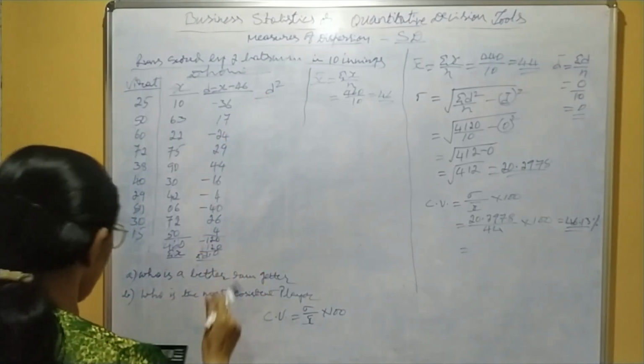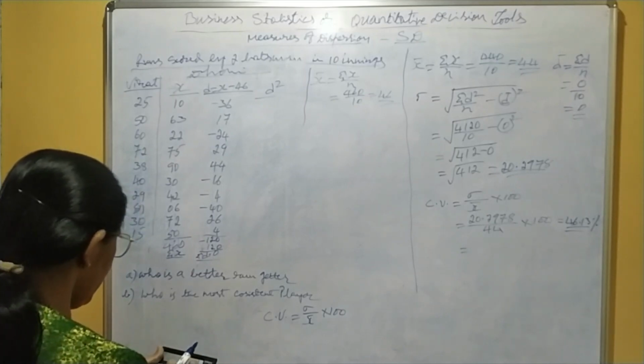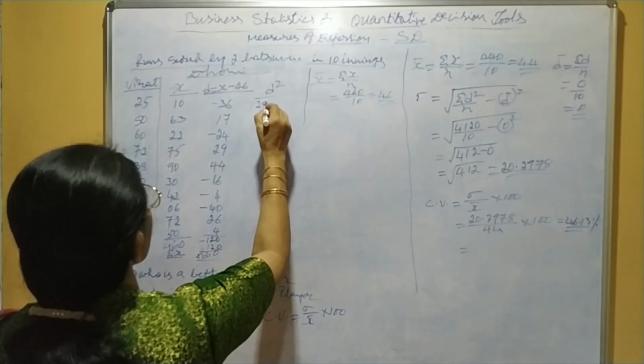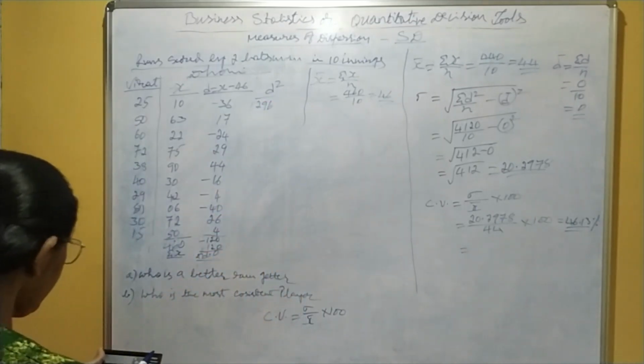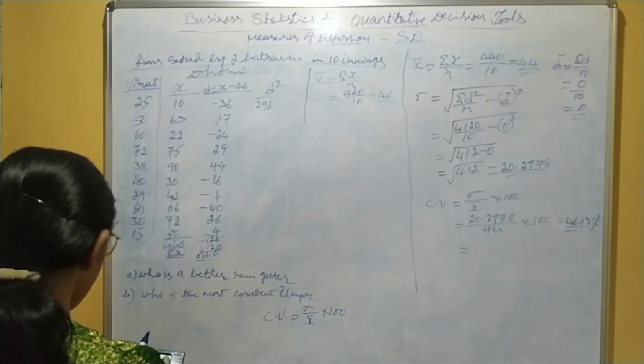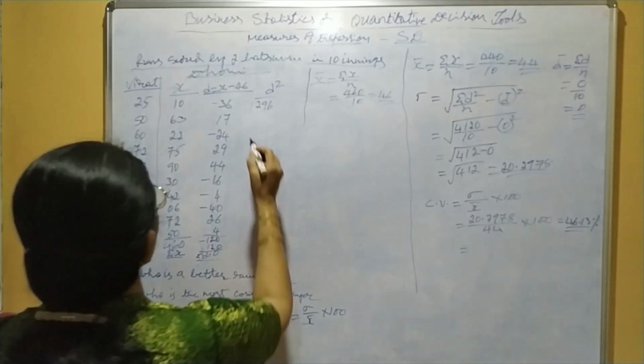Okay. Now d square, that is 36 into 36, 1296. 17 into 17, 289.